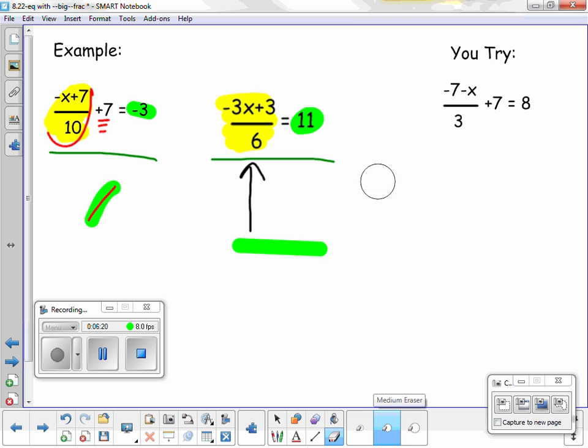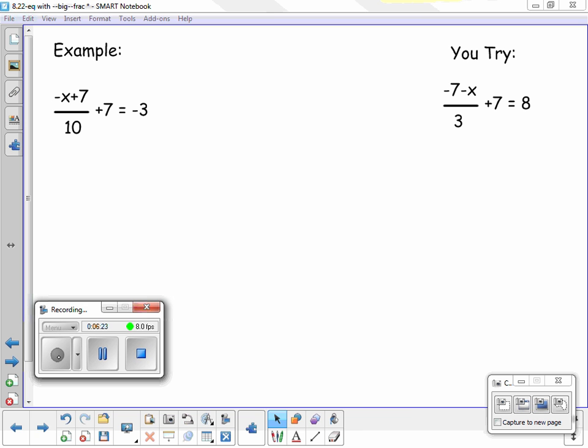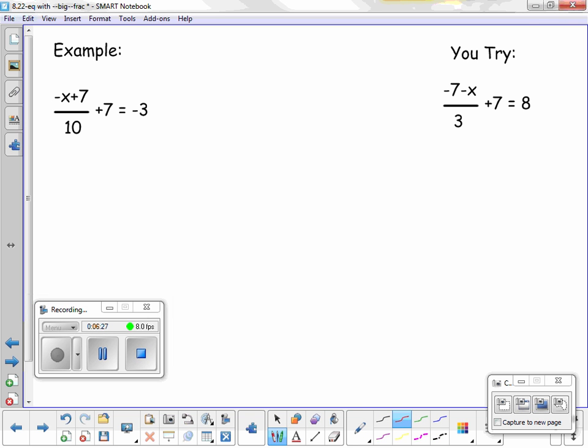So how would I do that? So first thing I'm going to do to move that 7 away from the big fraction so I can get rid of the big fraction is to subtract it since it's being added. It cancels out. I bring down my big fraction.